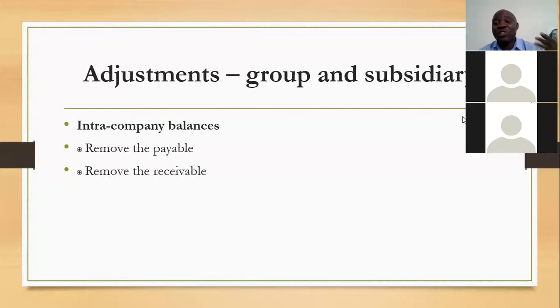Sometimes the examiner is not going to include the reserves at report date, but will give you the story that land was revalued from this to this, or a building was revalued from this to that. But at the time of preparing the financial statements, it wasn't included in there. Meaning that the net assets in the subsidiary will need to cover that component that wasn't factored in the statement of financial position.